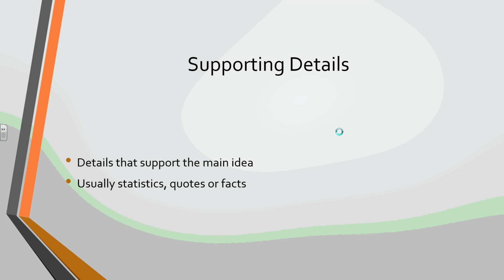When we look for supporting details, we're looking for details that support the main idea. These are usually statistics, quotes, and facts. The important thing to remember here is that supporting details aren't necessarily always a quote, but if you're going to quote, remember that you need to keep track of the pages that you get it from, and often the section number is needed.